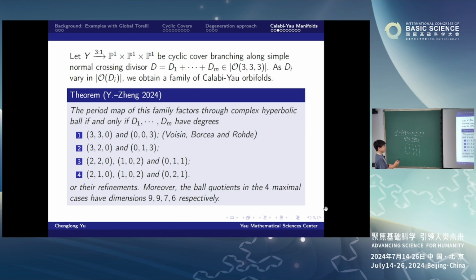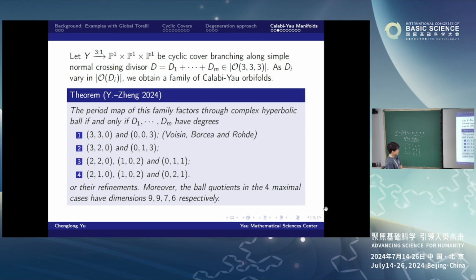And this will give us also some Calabi-Yau orbifolds, and they all admit Crepant resolutions, which gives us Calabi-Yau manifolds. Those Calabi-Yau manifolds will have different Hodge structures, and we classify the ones with Hodge structures being of this complex hyperbolic type.